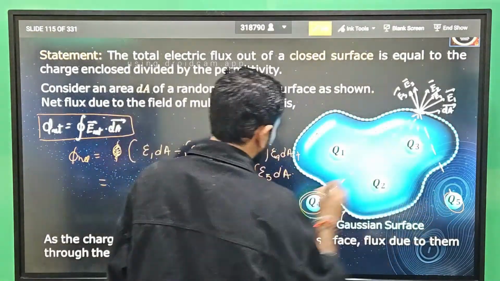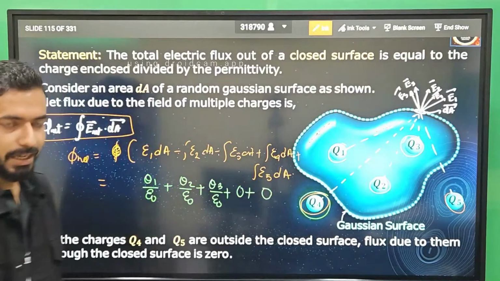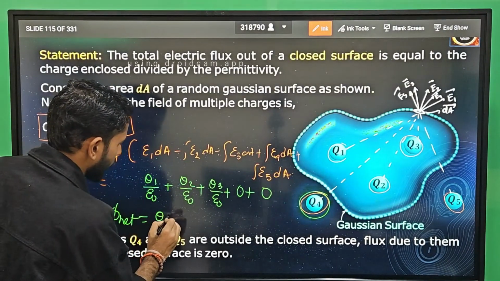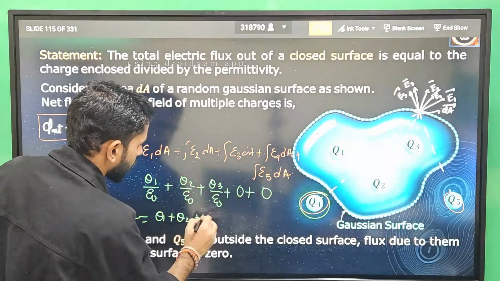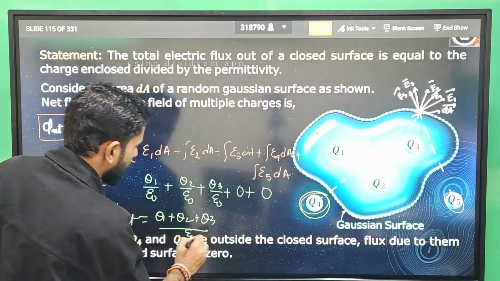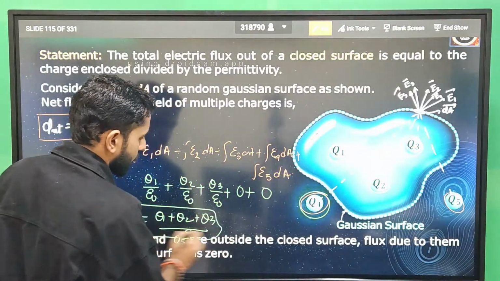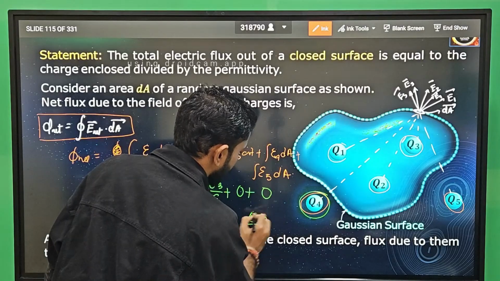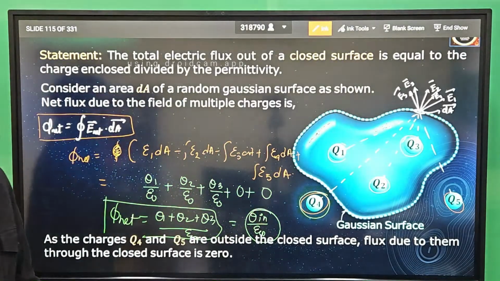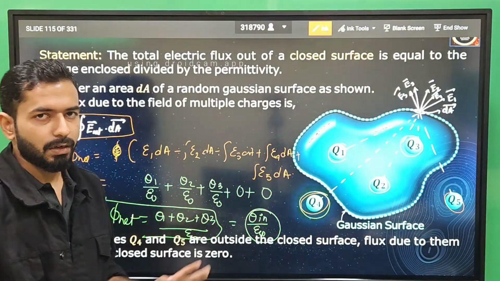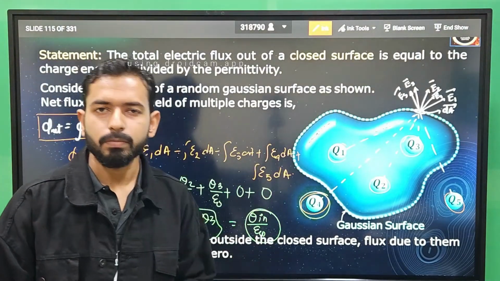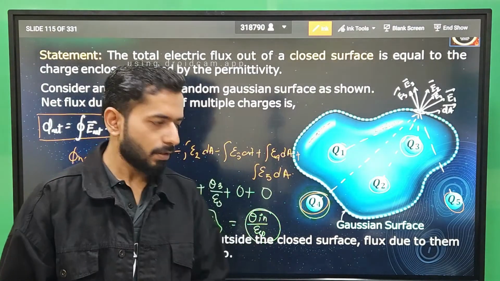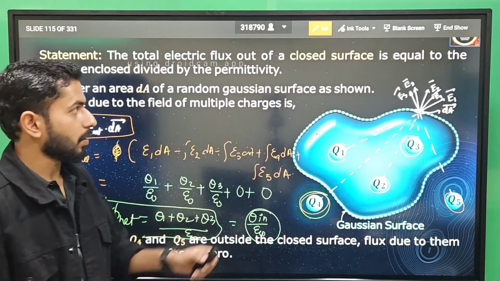E5 dot dA, again 0. That means the net flux will be equal to Q1 plus Q2 plus Q3 divided by epsilon naught, or in general Q net, placed inside, divided by epsilon naught. That is the derivation part. In the board exam you have to prove this, so you can do it in this way.